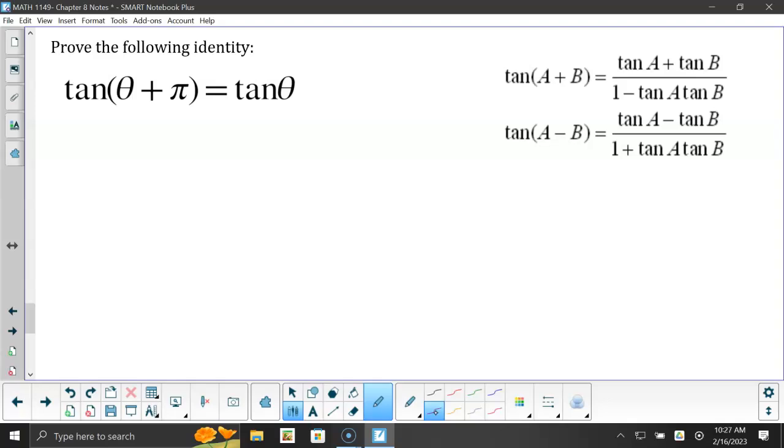All right, so this one with tangent. Tangent at pi, does that have a value? What is it? What is the tangent at pi? 0. All right, so if you've got a tangent, I would go straight into the formula. So I've got tangent of theta plus tangent at pi.